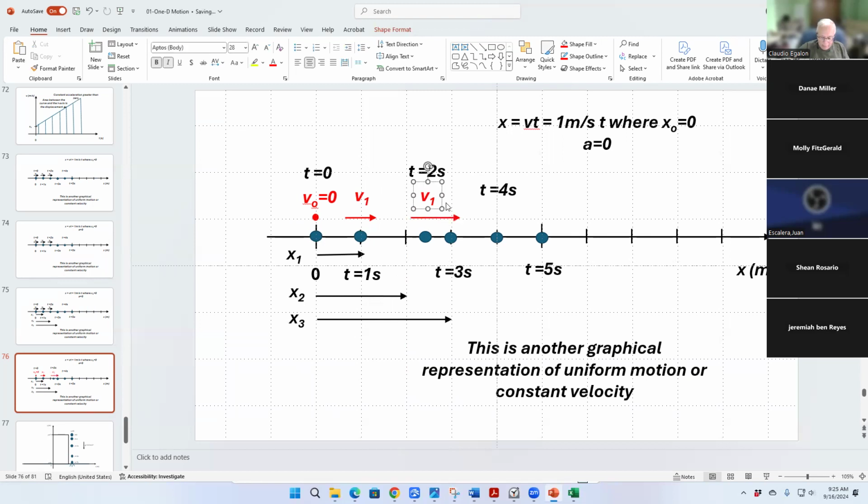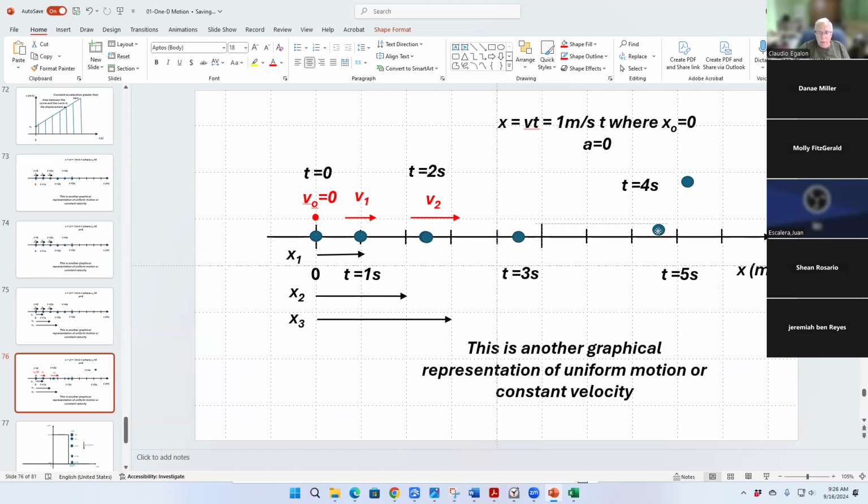And if the velocity is increasing, my velocity vector becomes longer and longer. Next one, remember the spacing here is increasing. So at time t equal to 3 seconds, it's going to be a little bit longer. 3 seconds is going to be this one here.